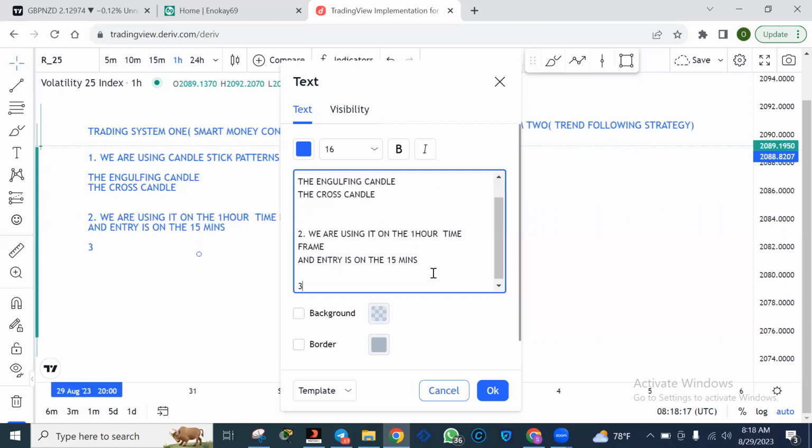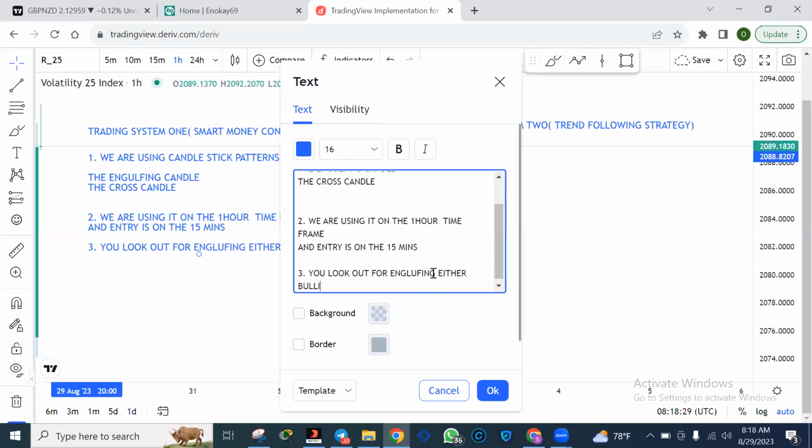Rule number three, you look out for engulfing, either bullish or bearish, on the 1 hour.